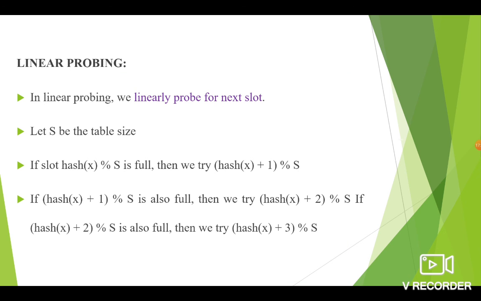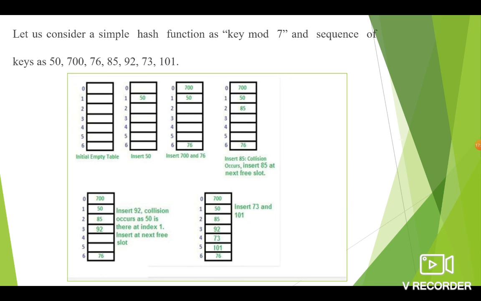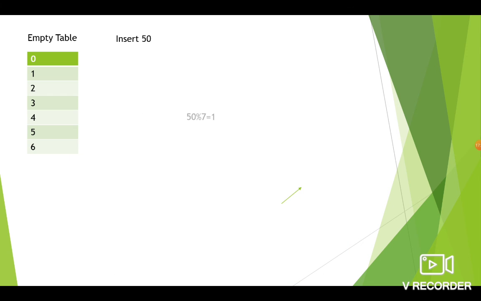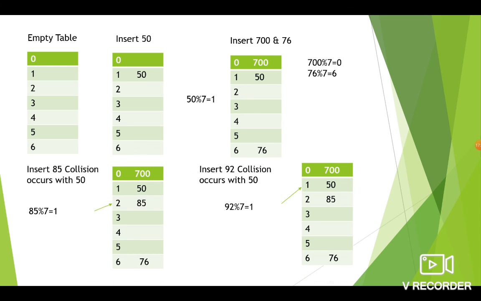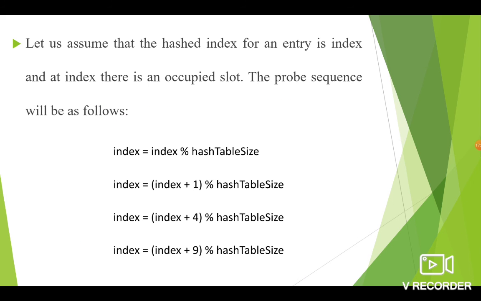I have to linearly probe for the next slot, that is hash of x plus 1, hash of x plus 2, hash of x plus 3 and so on. Whereas in quadratic probing, the interval may differ. It is not index plus 1, index plus 2, index plus 3. It is index plus 1, index plus 4, index plus 9.